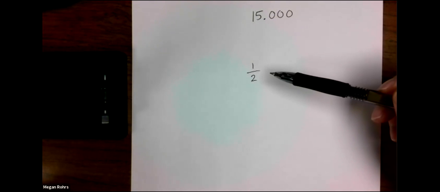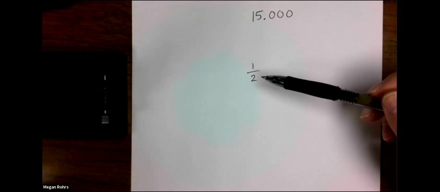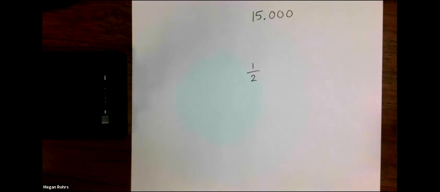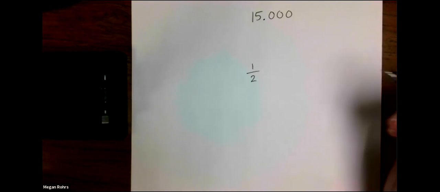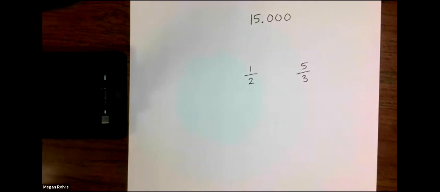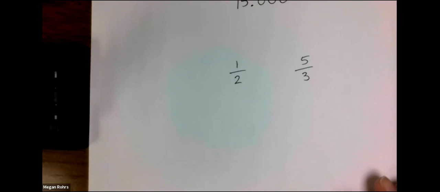Now we consider this to be a proper fraction because the numerator is smaller than the denominator. An improper fraction would be the opposite. So if we had, for example, 5/3 or 5 over 3, 5 is larger than 3, so that would be an improper fraction.